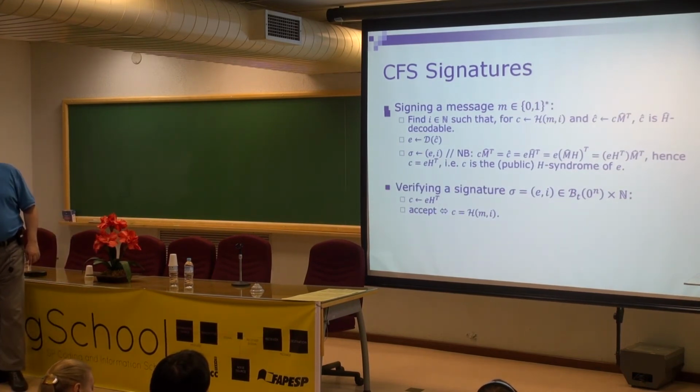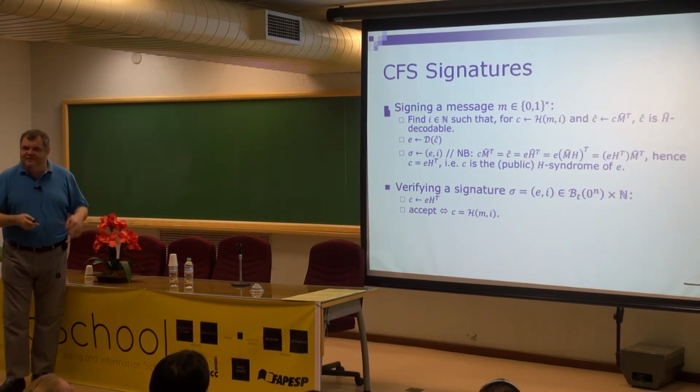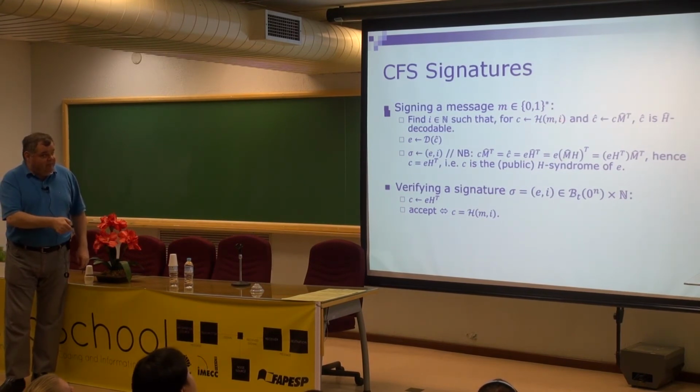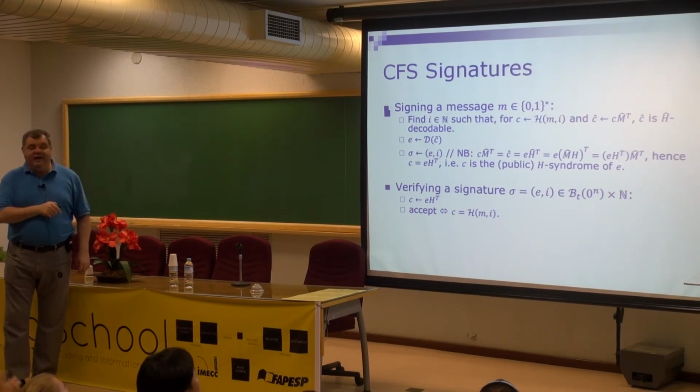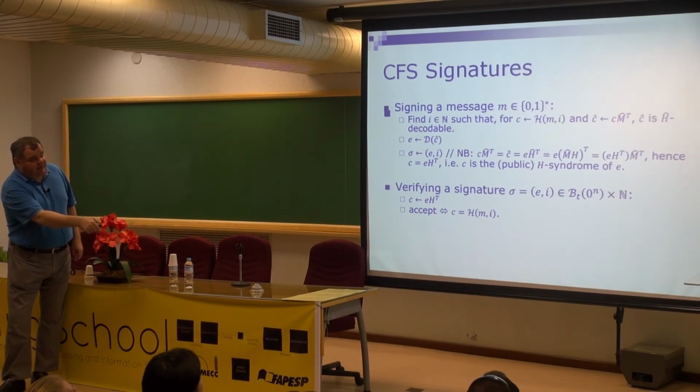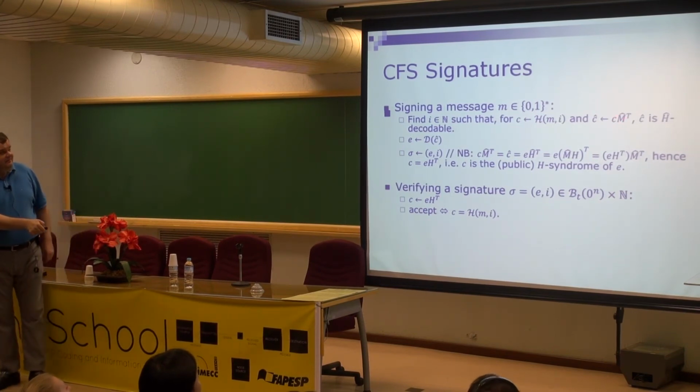Having a high density of decodable syndromes does not mean that we will be lucky enough that in the very first attempt we will get a decodable one. We may have to try several times. So we map our message M and a certain counter i to a syndrome, and we transform it to a decodable one. So this is a public syndrome. We map it to a decodable one by multiplying by the transpose of M hat.